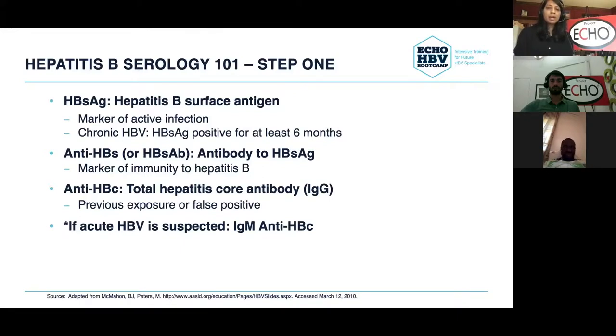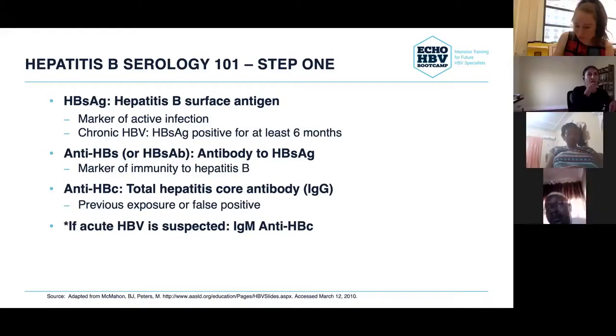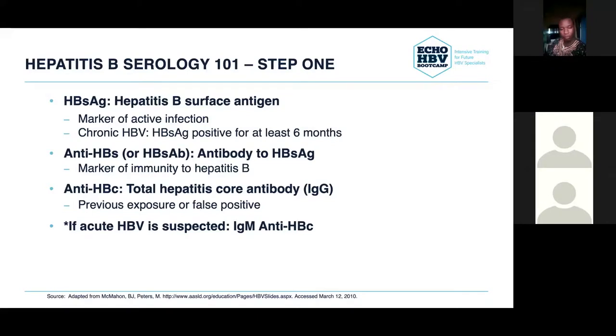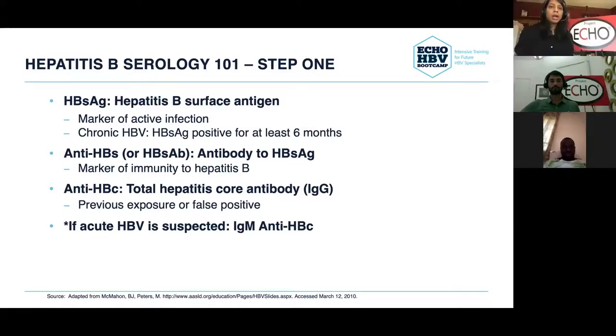And here in the United States, we see a lot more transmission from unprotected sexual intercourse in adults. But again, the risk of developing chronic infection if you acquire it as an adult is a lot lower than if you're acquiring it as a child at birth. So that's the first test.